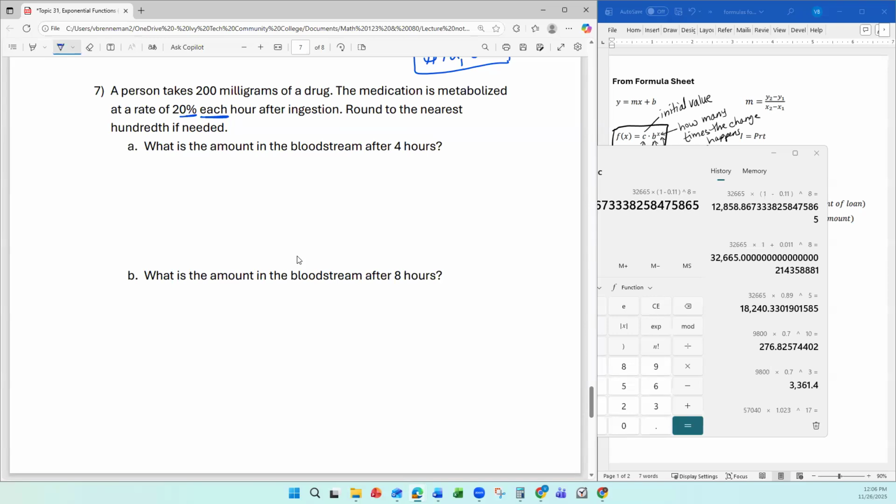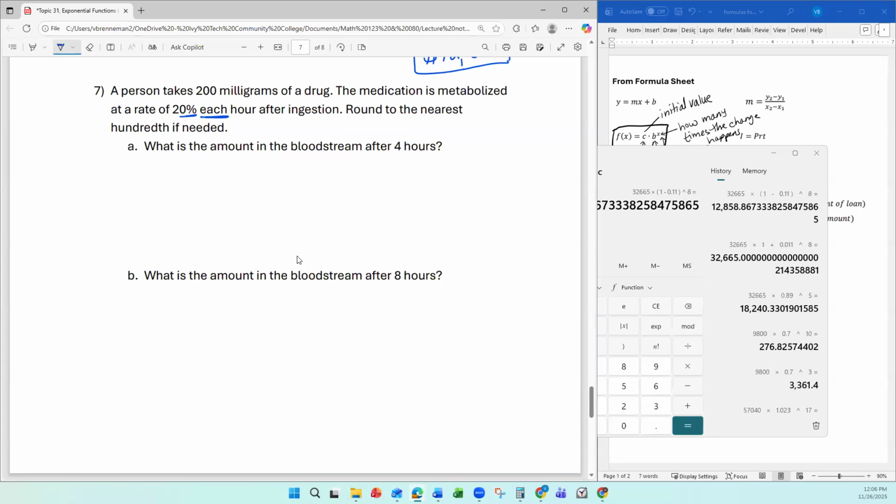We have to work with not just the given percentage, but the 1 plus or 1 minus decimal form of the 100% plus, 100% minus. You're going to set up a calculation just like with the exponential function. It's just you're going ahead and plugging in something for x or for t right away.